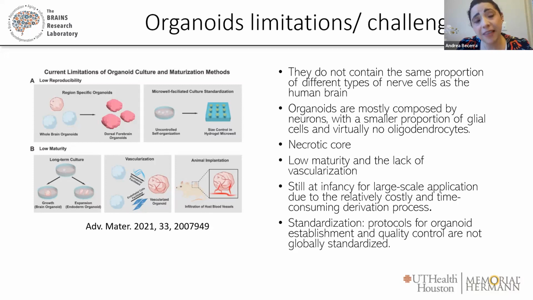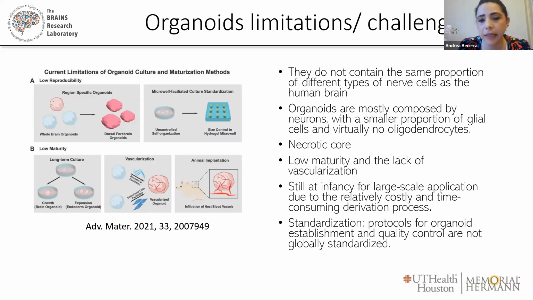So it's difficult to get mature oligodendrocytes. There are some protocols that try overexpression of transcription factors, but they have been complicated, and there are no completely standardized protocols for organoids.